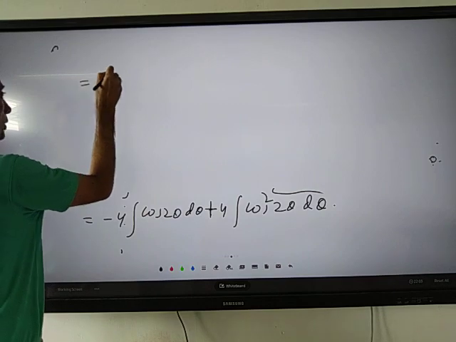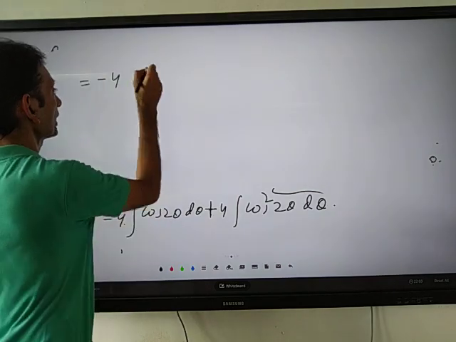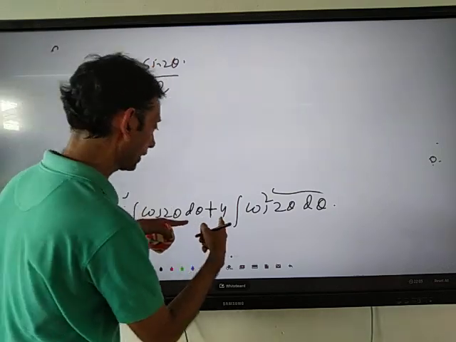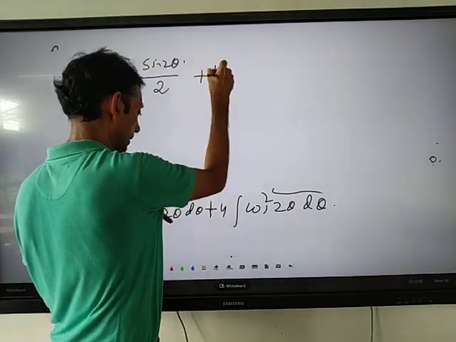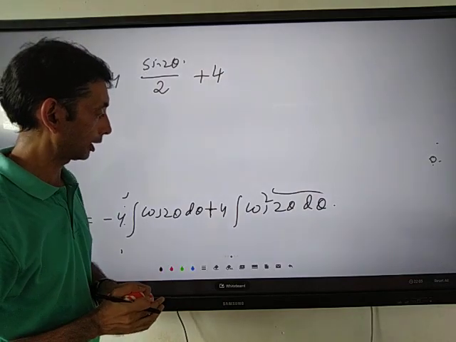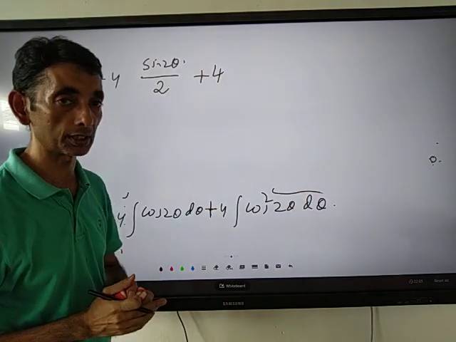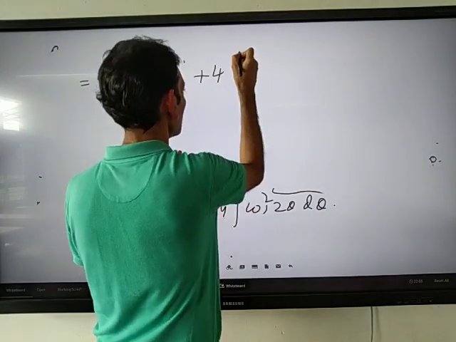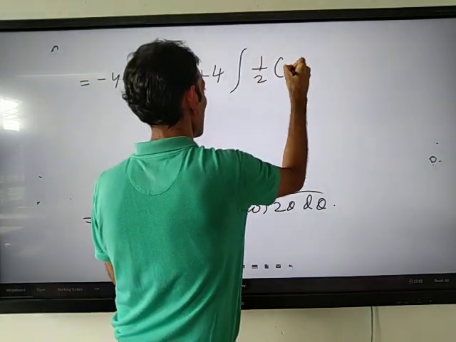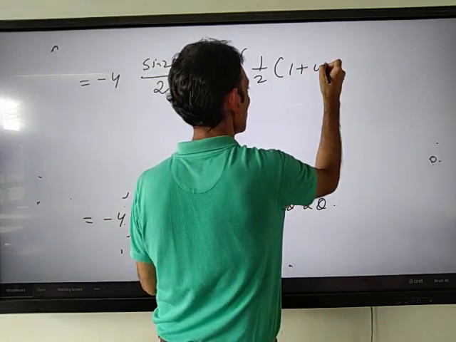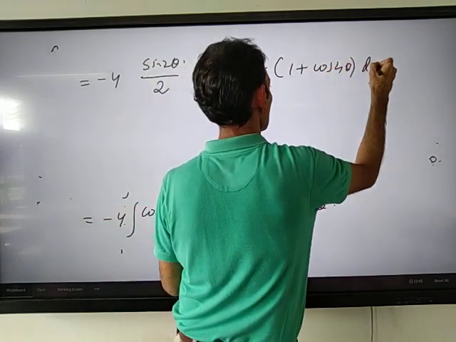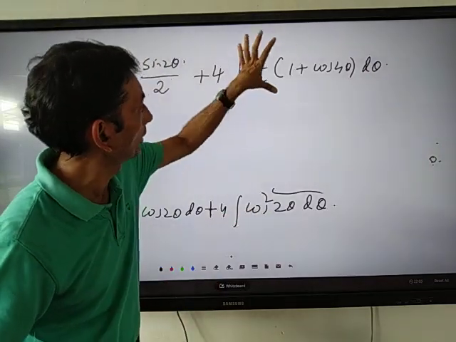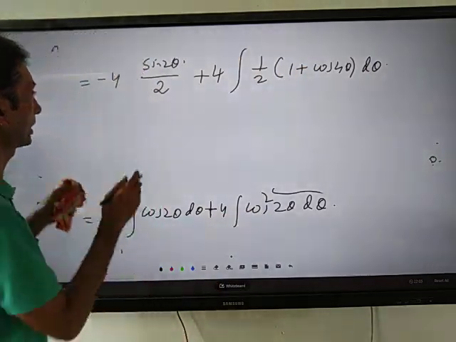So it's minus 4. We'll integrate this cos 2 theta, the integration is sine 2 theta by 2. This is plus 4 and cos square 2 theta, which you can write in the form of half 1 plus cos 4 theta. So we are using the formula of cos 2 theta: cos square 2 theta is half 1 plus cos 4 theta d theta.